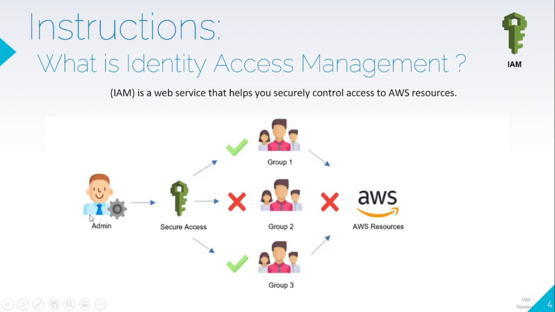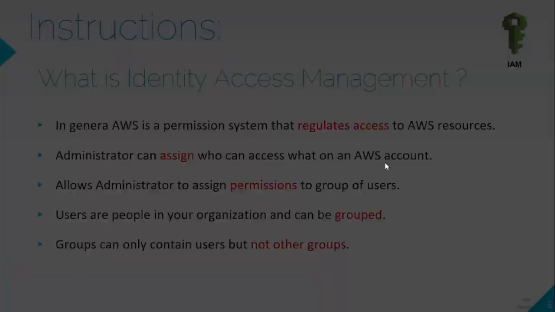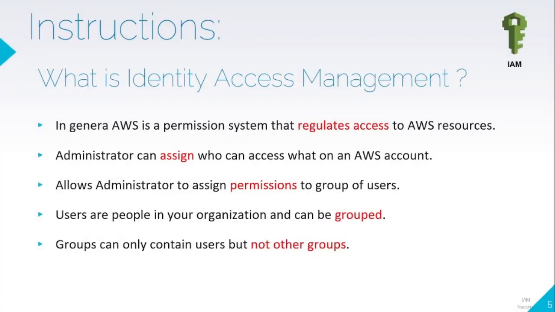This admin, who is holding the root account. So this defines the definition. IAM is a web service that helps you securely control access to AWS resources. Fine. So in general, IAM is a permission system that regulates the access to AWS resources.